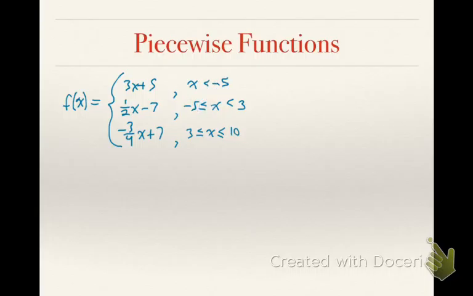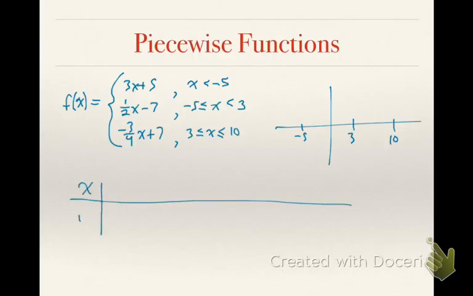Now what I would do for this function is, on the graph, I have -5, 3, and 10. Okay. 3x plus 5 less than -5. So if I find a table of values, what I would do is something like this, maybe like -7, -6, -5, -4, -3.